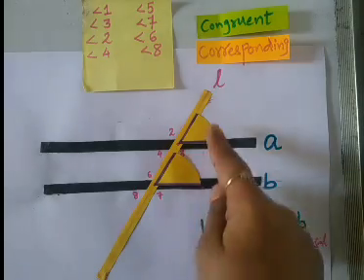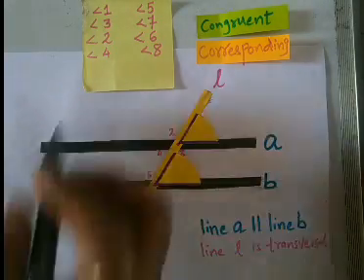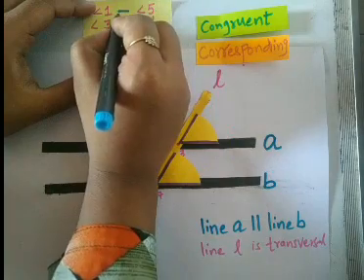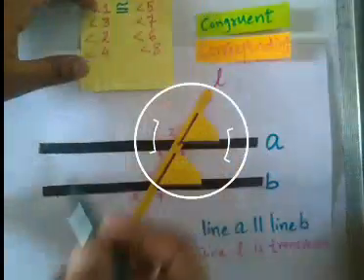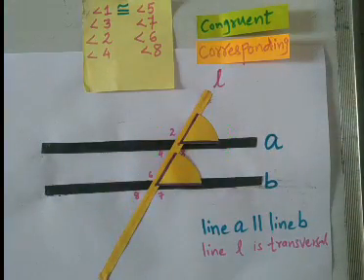It means if 1 and 5 are corresponding to each other, then angle number 1 and angle number 5 would be equal, or congruent, to each other.